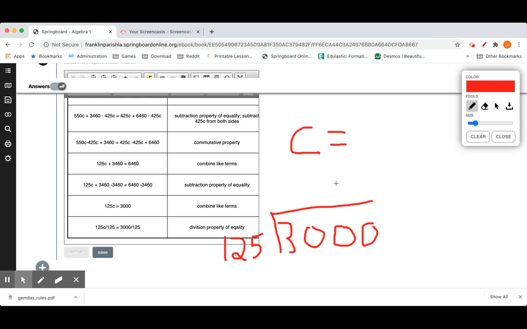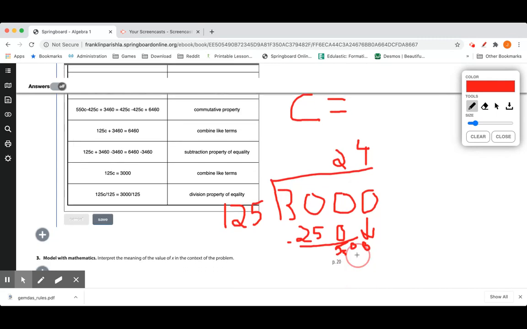125 goes into 300 two times for 250. You would subtract and have 50 left over. Bring down your 0. 125 goes into 500 4 times, which is 500. 500 minus 500 will be 0, no remainder.